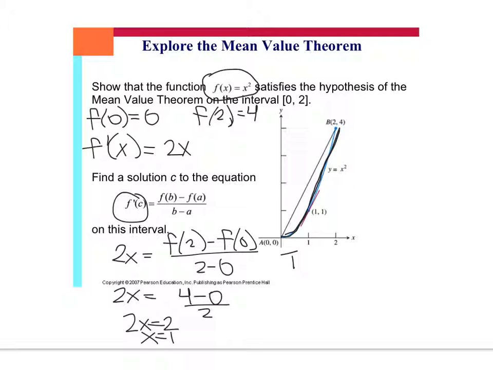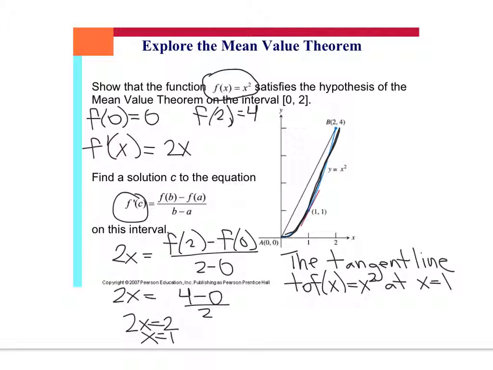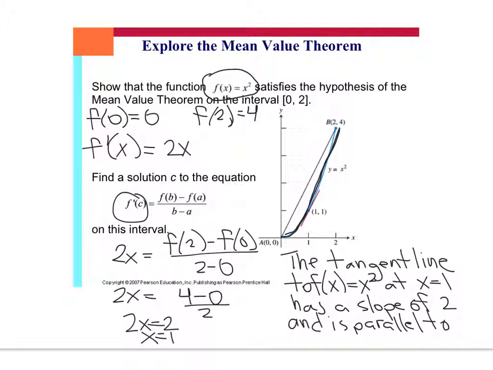If I were to write this out, I would say the tangent line to f of x equals x squared at x equals 1 has a slope of 2 and is parallel to the secant AB.